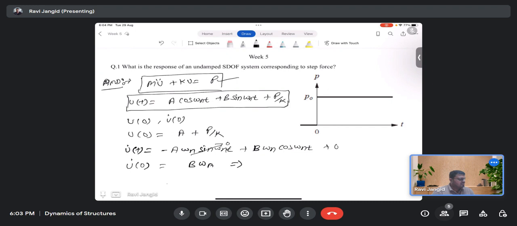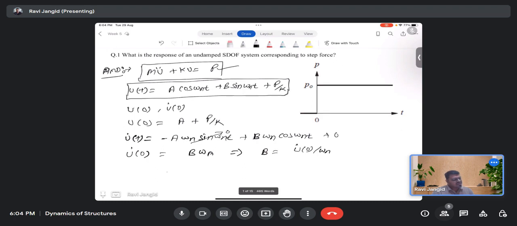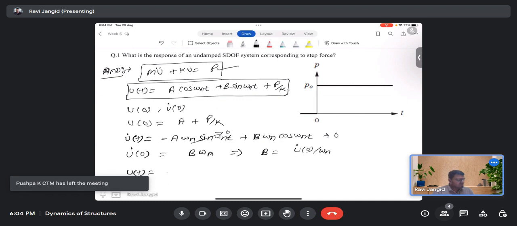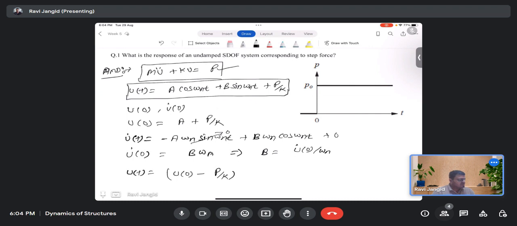So from here B becomes u dot 0 divided by omega n. If I put this in the equation for u(t), I can put A as u naught minus p by k, into cos omega n t, plus B as u dot naught by omega n, sine omega n t, plus p by k.